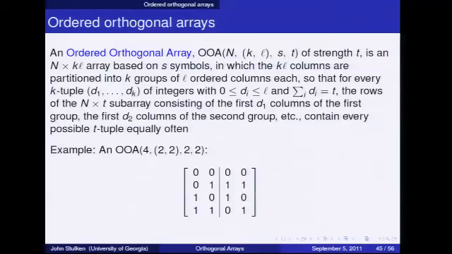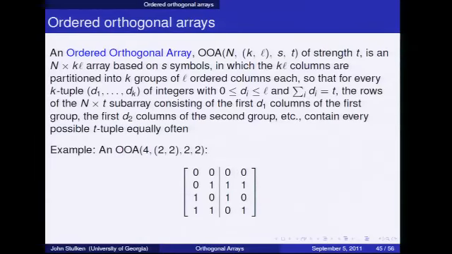There's something called ordered orthogonal arrays, which is a generalization of orthogonal arrays. And in ordered orthogonal arrays, you have columns that are grouped, in this case, two groups. For an ordered orthogonal array of strength 2, I don't demand that every two columns are orthogonal to each other.